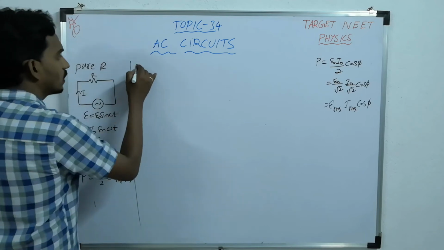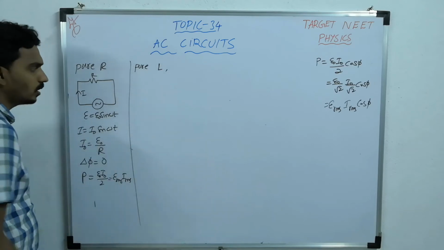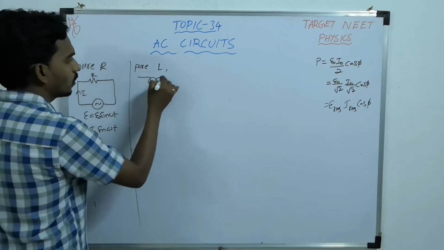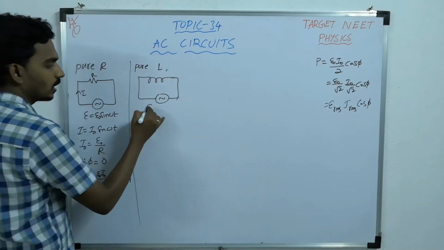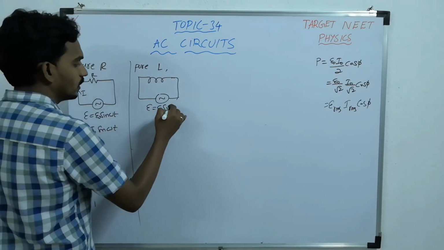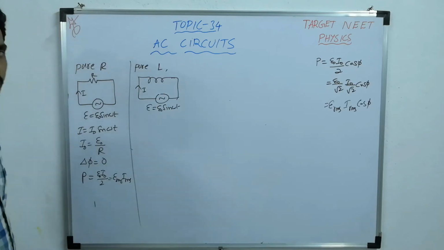Now consider a pure inductor. You take a coil and connect it across an alternating source. Again you will get one alternating current.